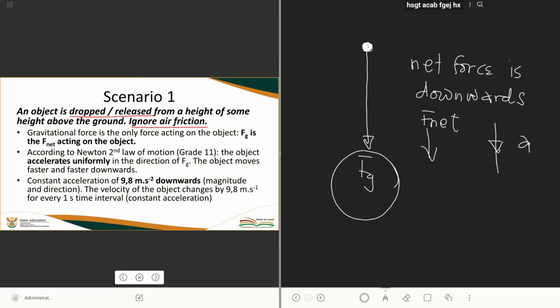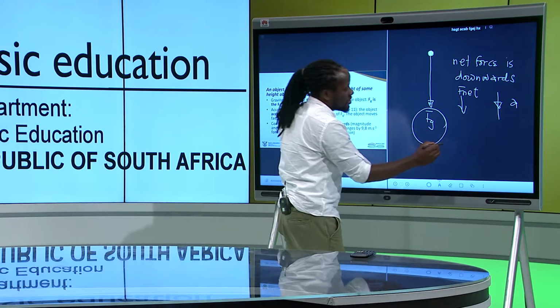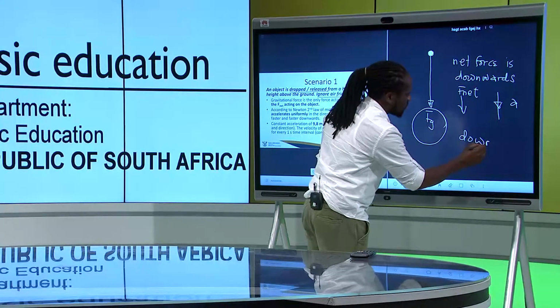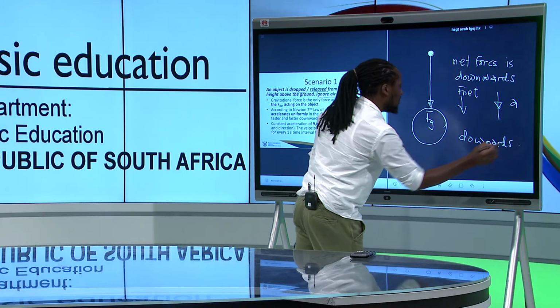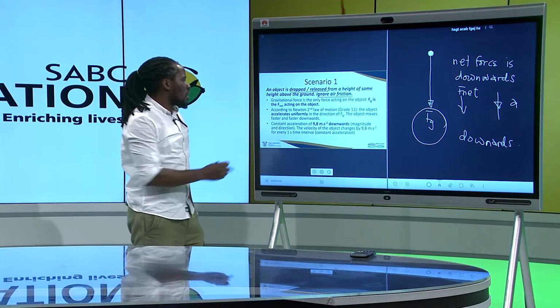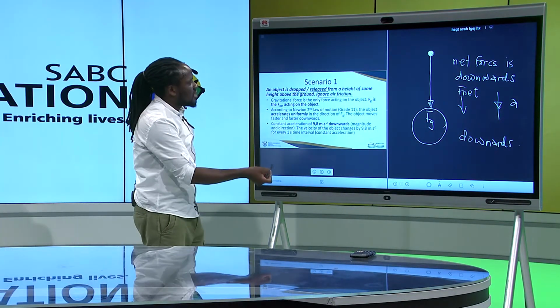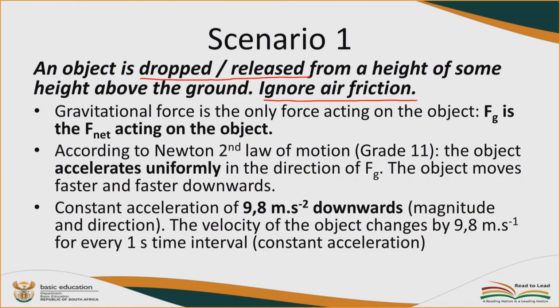So this object is definitely going to accelerate in the direction of Fg, which is downwards, okay? Very, very important point. So the faster and faster it moves downwards, it is because it is accelerating in the direction of Fg.